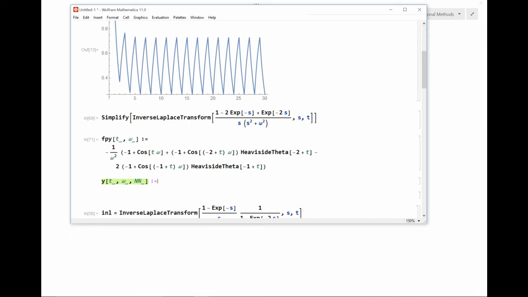So it's going to be the sum of the number of shifted fundamental periods of t minus 2k, times the Heaviside function of t minus 2k.